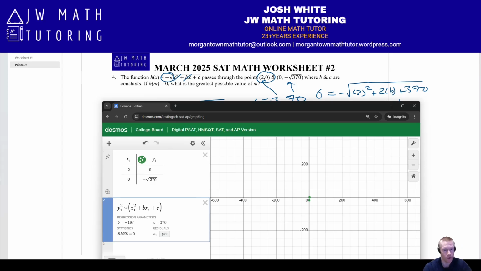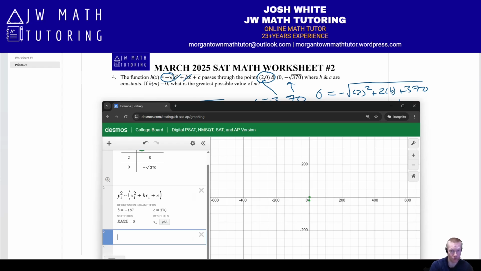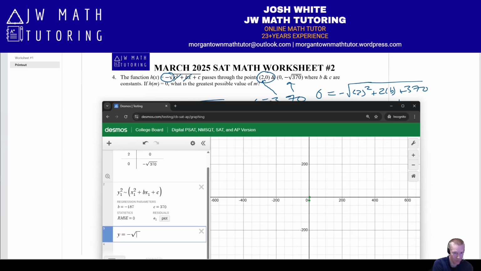Now, because there's no graph on the screen, what you would have to do is go back and retype the equation in its given form, which is with the square root.